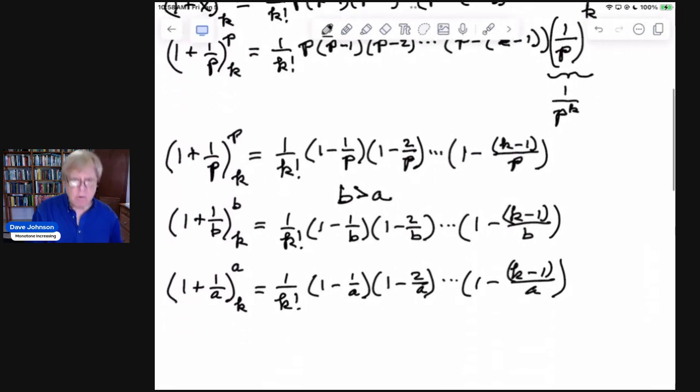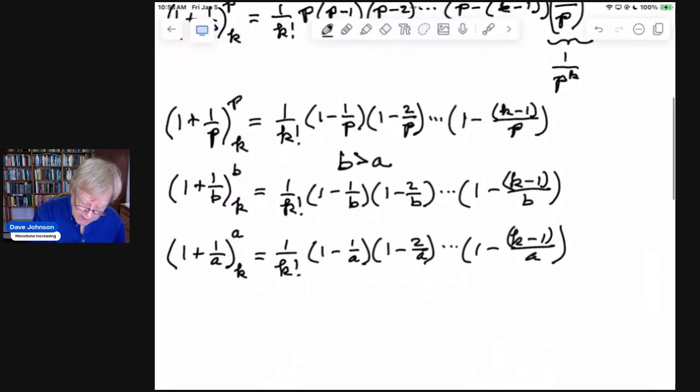Now here's where the rubber meets the road, because all we have to do is compare these two terms. And I'm going to make the statement that because b is bigger, the 1 over b is smaller, and so this factor is actually going to be bigger because you're subtracting a smaller amount.